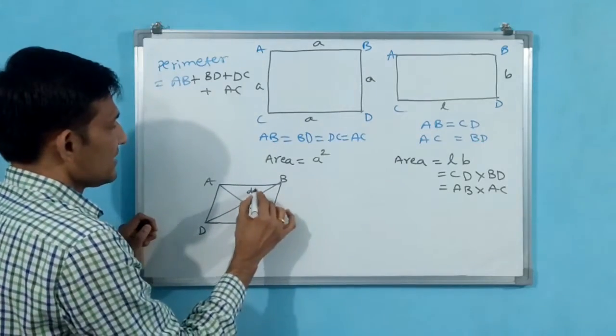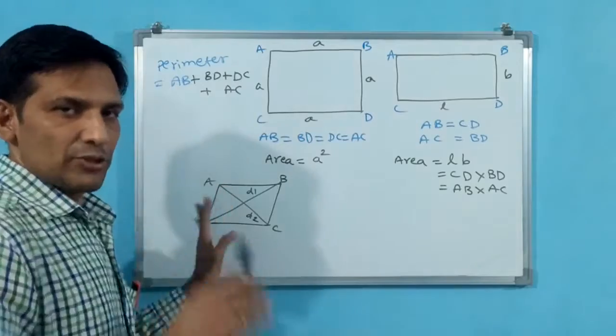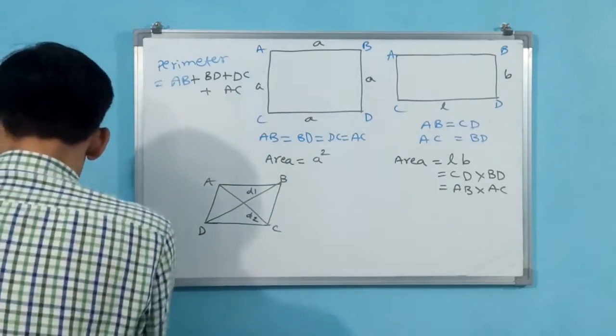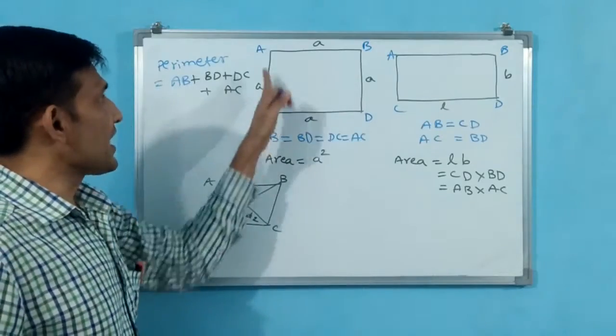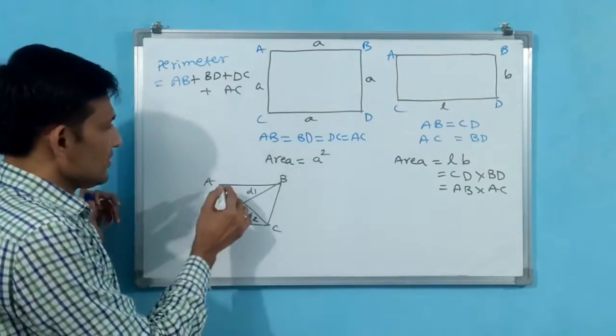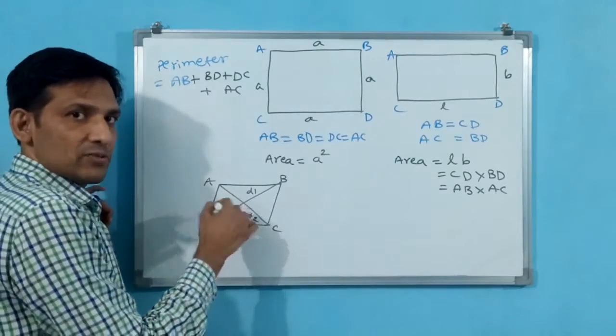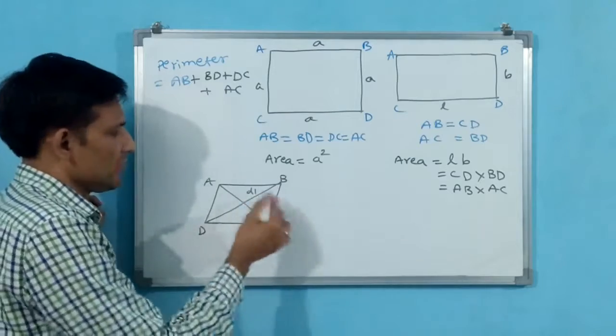Let this diagonal be D1 and this diagonal be D2. This is a parallelogram. In the rectangle and square there are 90, 90, 90, 90, 360 degrees, but here this angle is more than 90 degrees, so an obtuse angle, and this angle is less than 90, an acute angle.